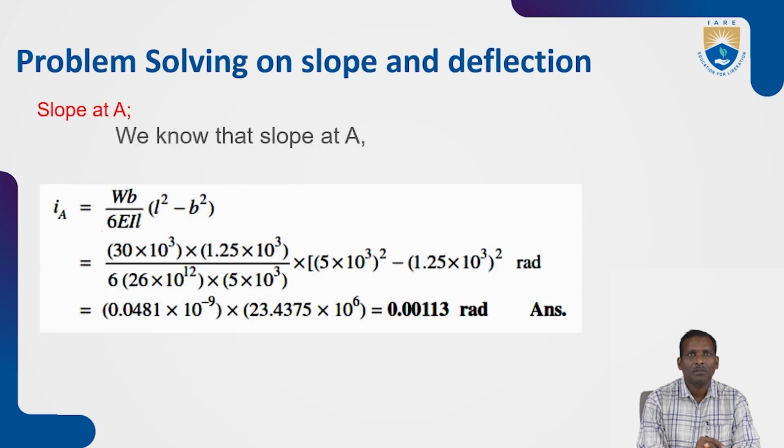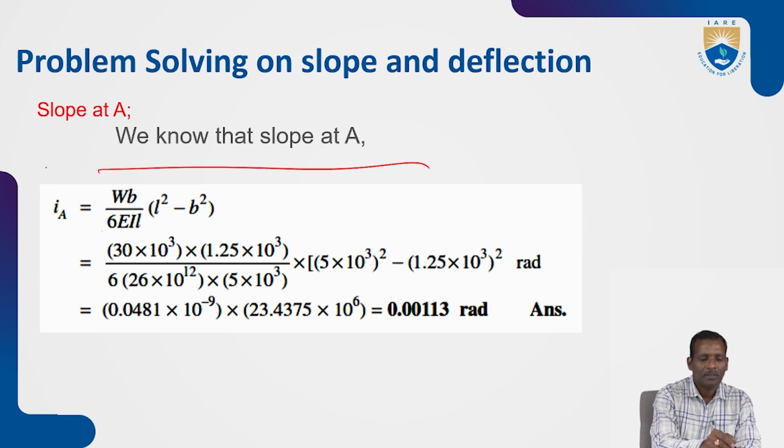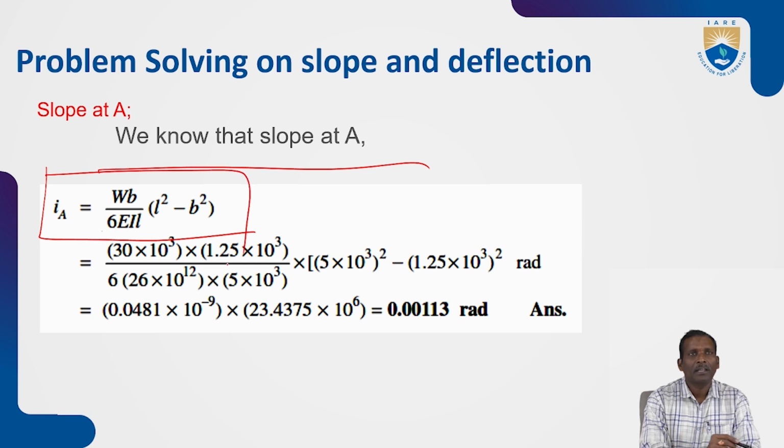So now substitute in the slope equation. You know that the slope at A point equation is W into B by 6 EIL into L square minus B square. We have already derived this in the theory part. So theta A equals W into B by 6 EIL into L square minus B square.